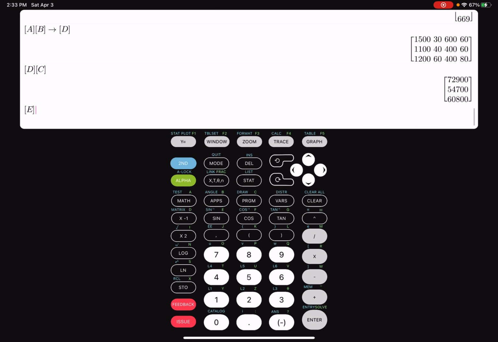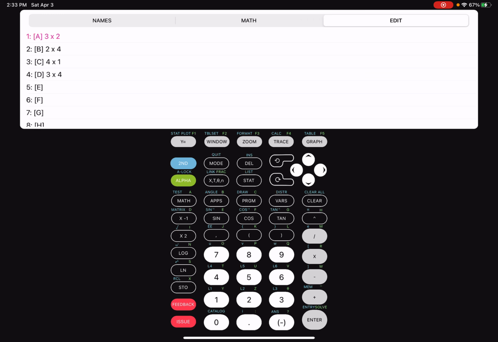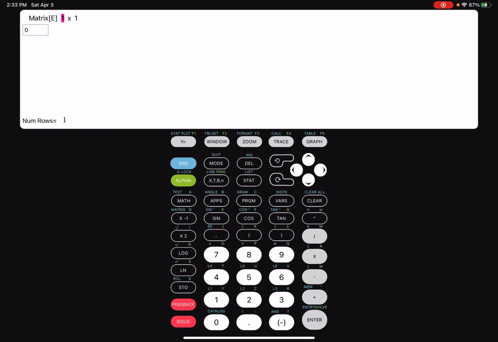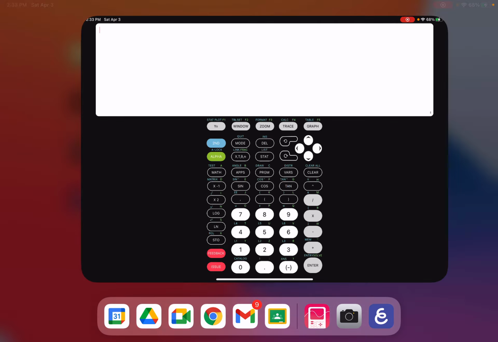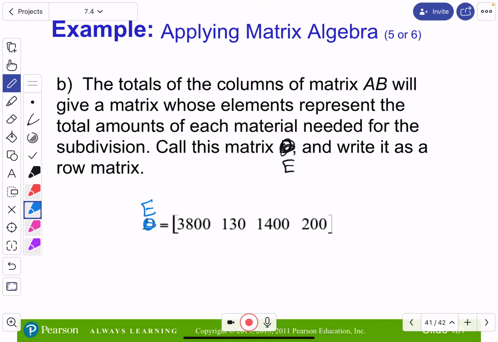Again, this is the benefit of the graphing calculator, but you can do this online. You just might have to type things a few times. So this is going to be a 1 by 4, and we had 3,800, 130, 1,400, and 200. Okay, so there's that.